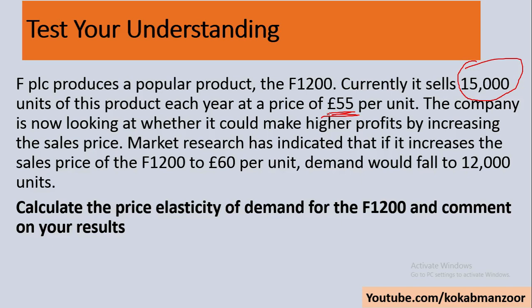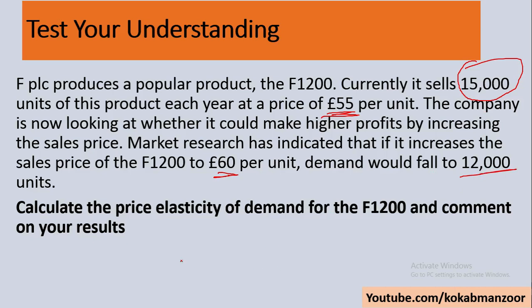Market research indicated that if they increase the price from 50 to 60, the demand would fall from 15,000 to 12,000 units. So is it a good decision or a bad decision?